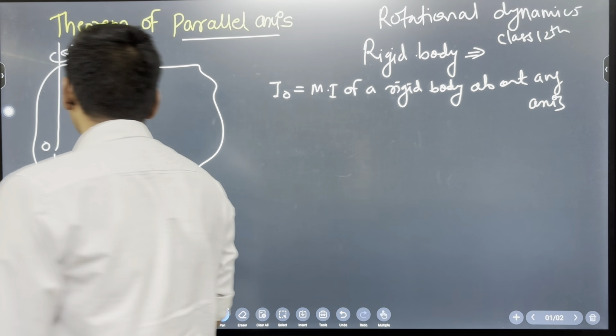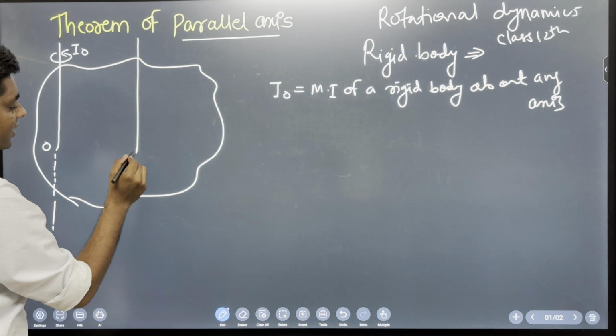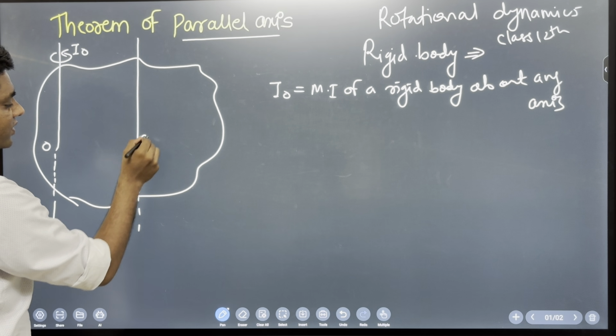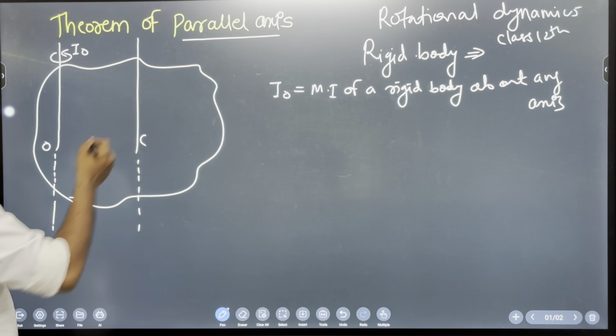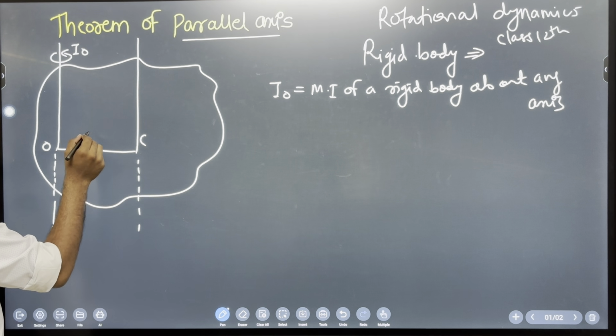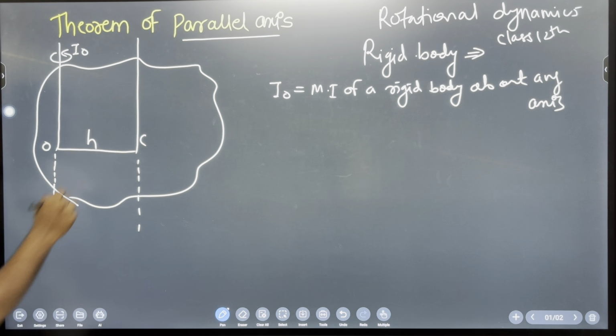Next, we consider one more axis passing through the center of mass, denoted by the letter C. Between the two parallel axes, the perpendicular distance is h.